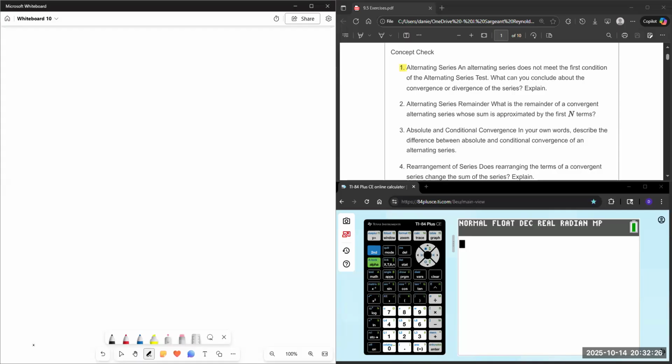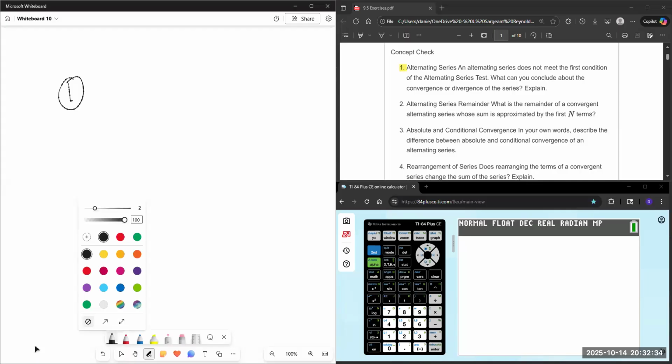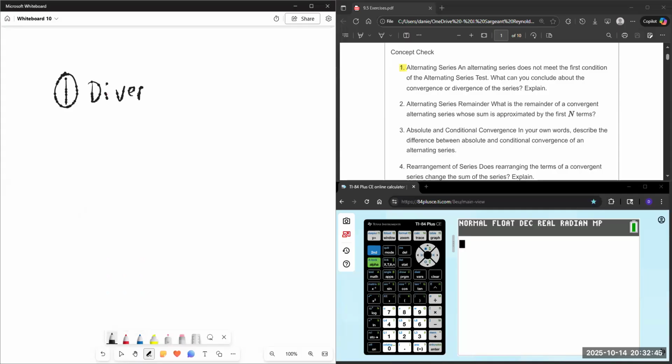So easy answer here: this is going to diverge, because if it fails either condition of the alternating series test, it diverges. So there's no ambiguity here with the alternating series test. As soon as it violates one of the conditions, we're done.